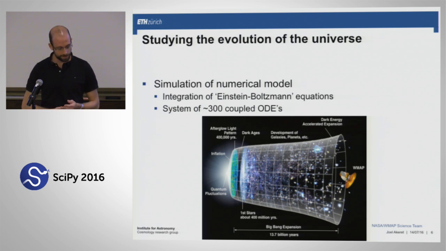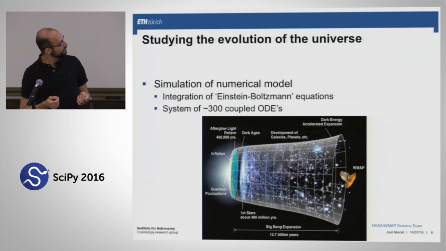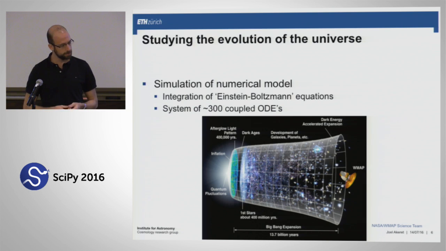That's not my field of expertise. But this model is based on a set of equations that are called the Einstein-Boltzmann equations. Essentially, it's a set of roughly 300 or more coupled ODEs, so ordinary differential equations, that we want to integrate numerically.